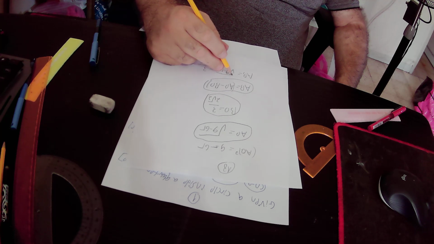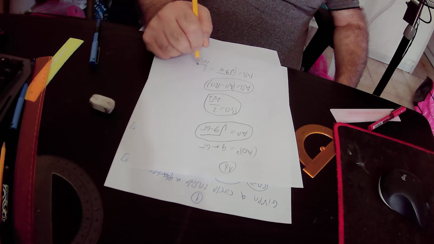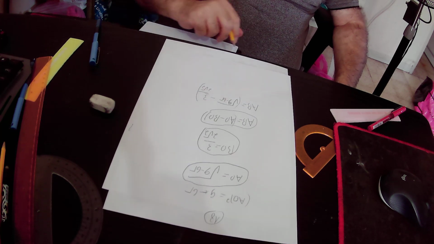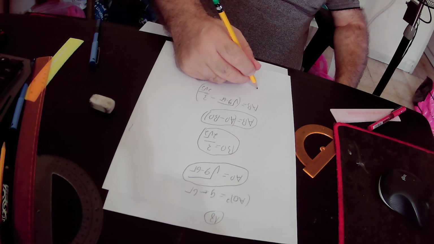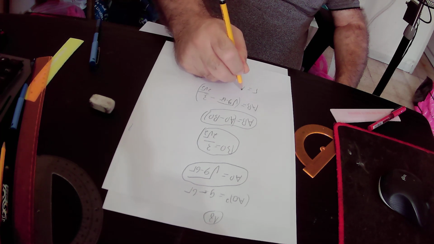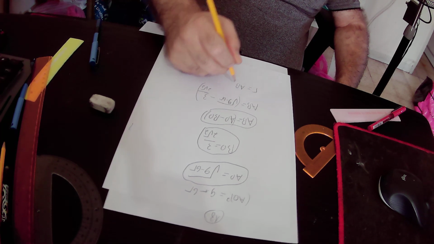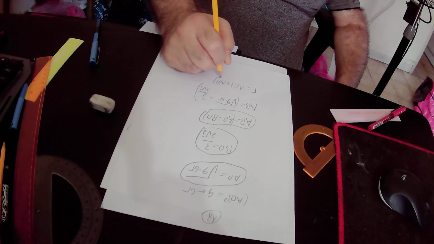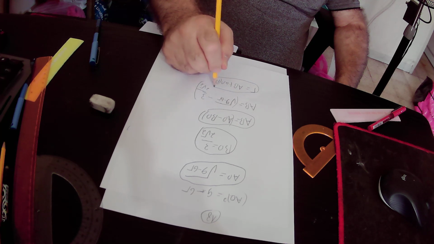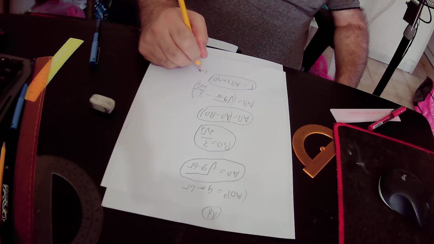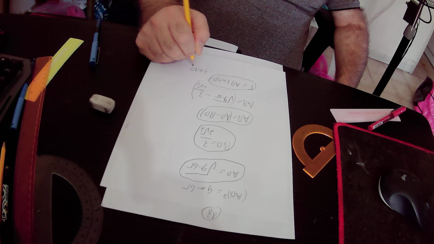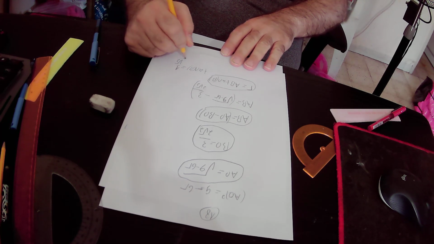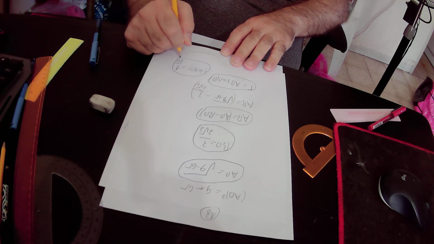Okay, so we have the value of AB, and we know that the radius of the small circle equals AB times tangent theta, and we have already found out that tangent theta equals 1 over root 2.